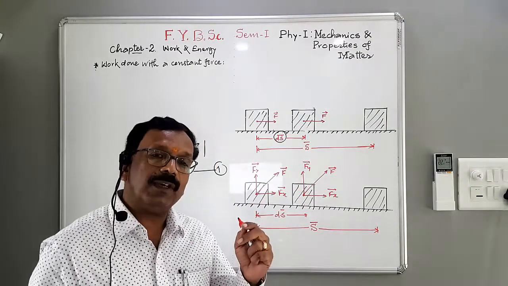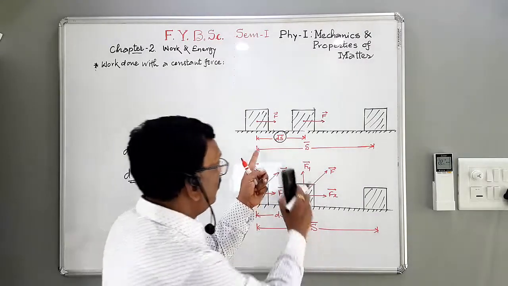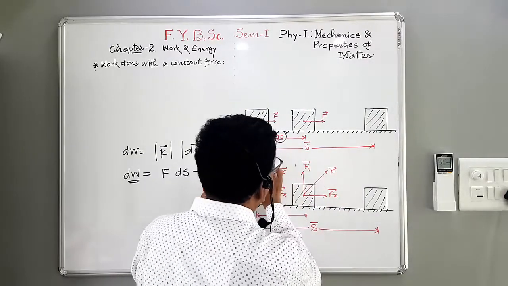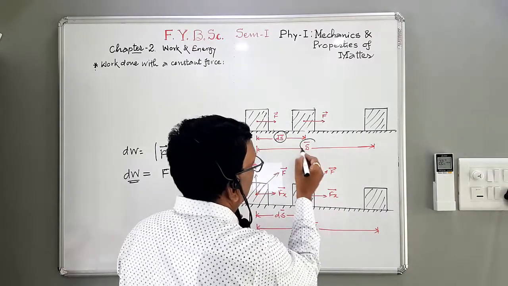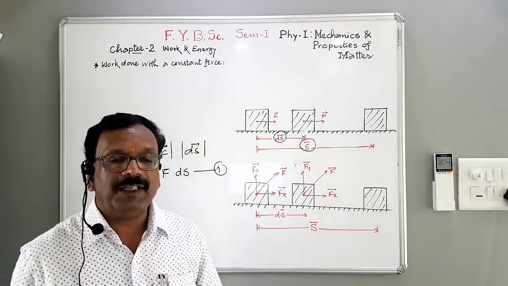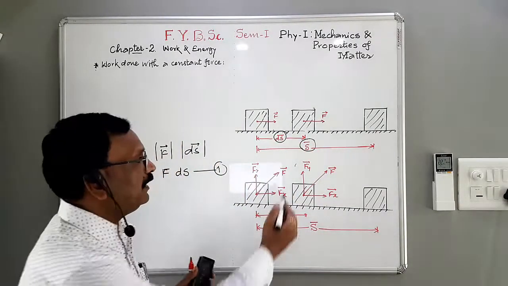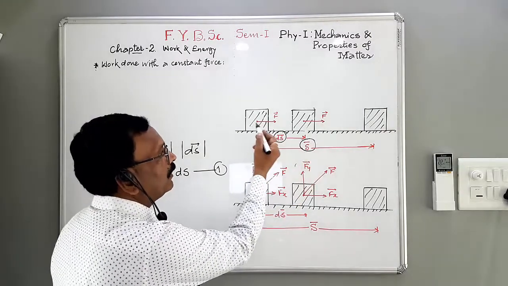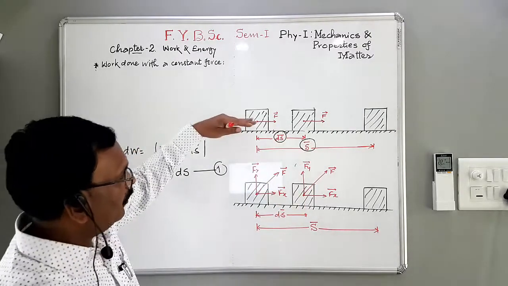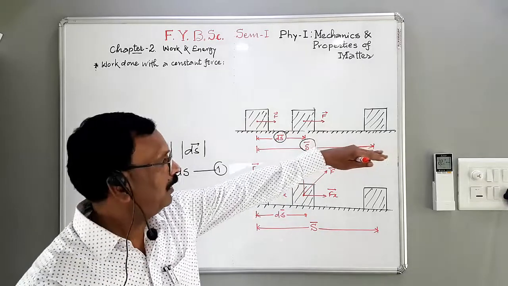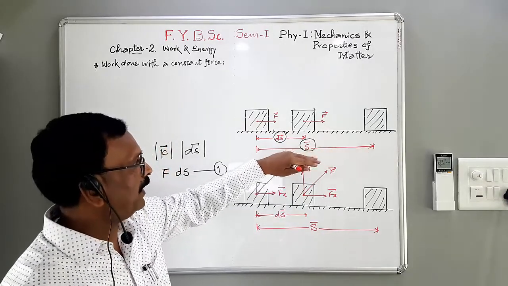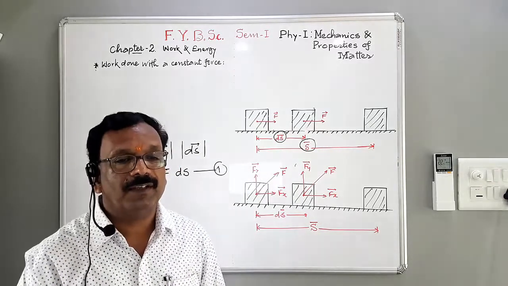Now we are going to calculate the total work done for the total displacement, from this point to this point. The total displacement is S, and this displacement is due to the force F acting on the body, and the displacement also takes place in the direction of force.